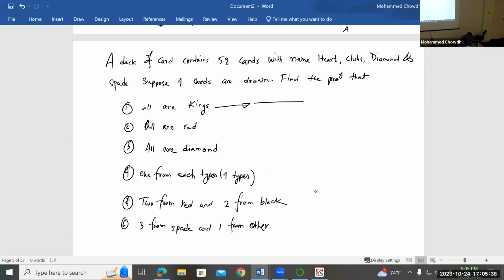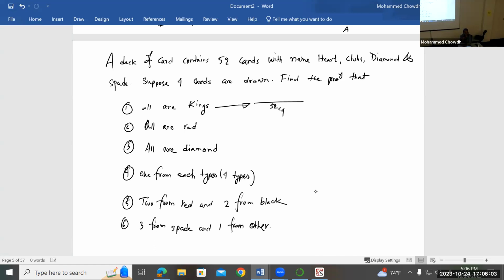So the denominator will be 52 choose 4. And the numerator? All are kings. So that means there are 4 kings, right?